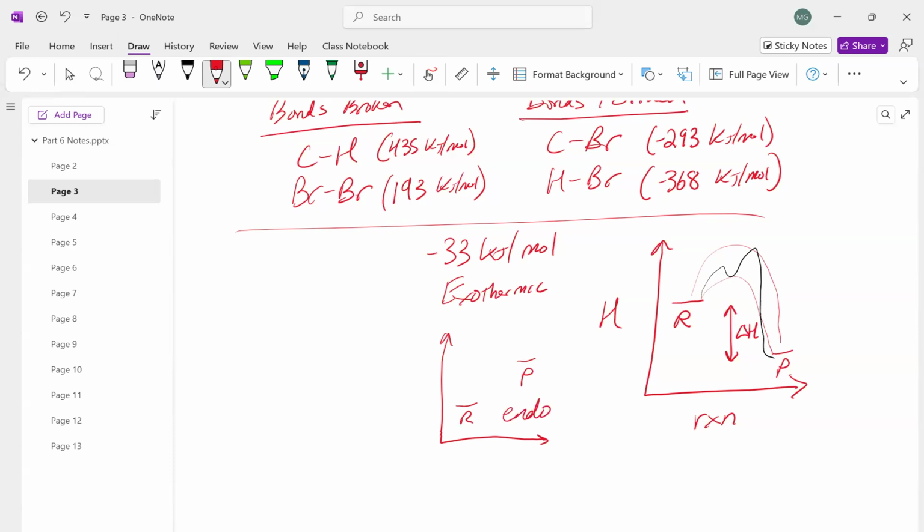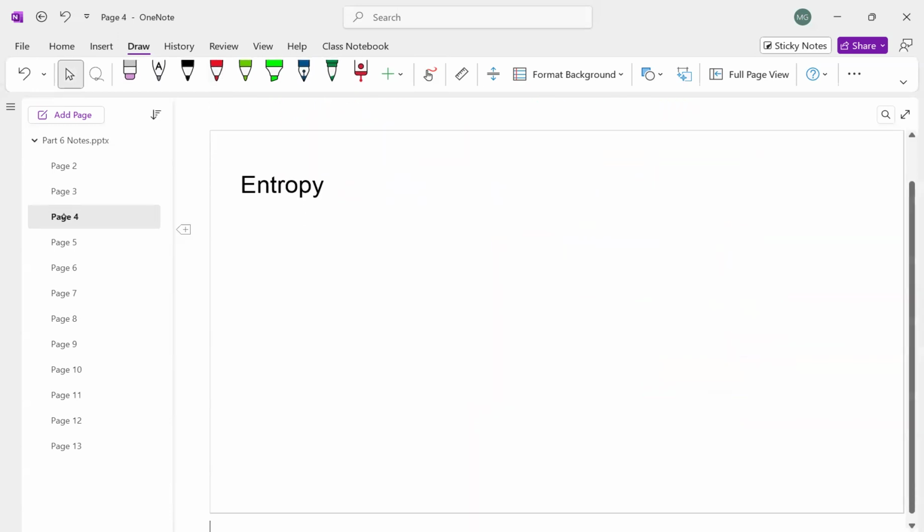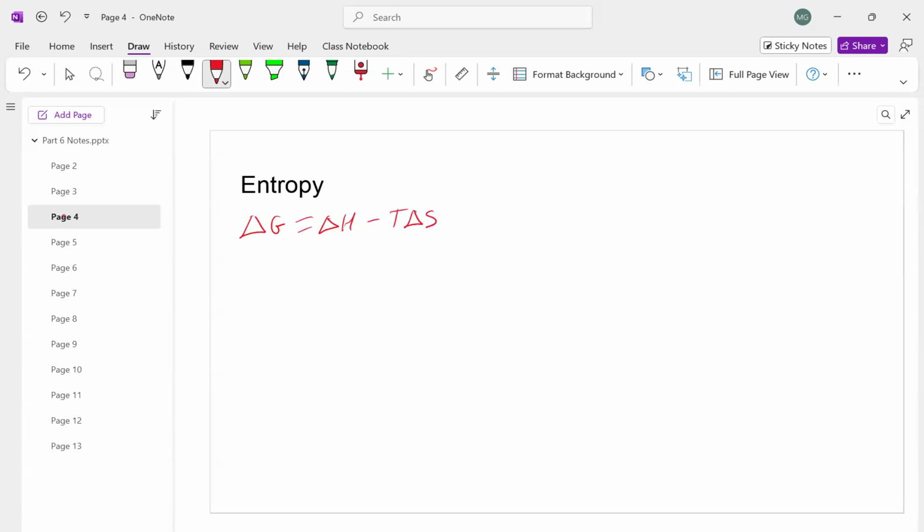So let's look at the next term in our delta G formula, and that's entropy. So if I want, again, for a spontaneous reaction to occur, I need delta G to be negative. What sign should delta S be to be the optimal condition for delta G to be negative?